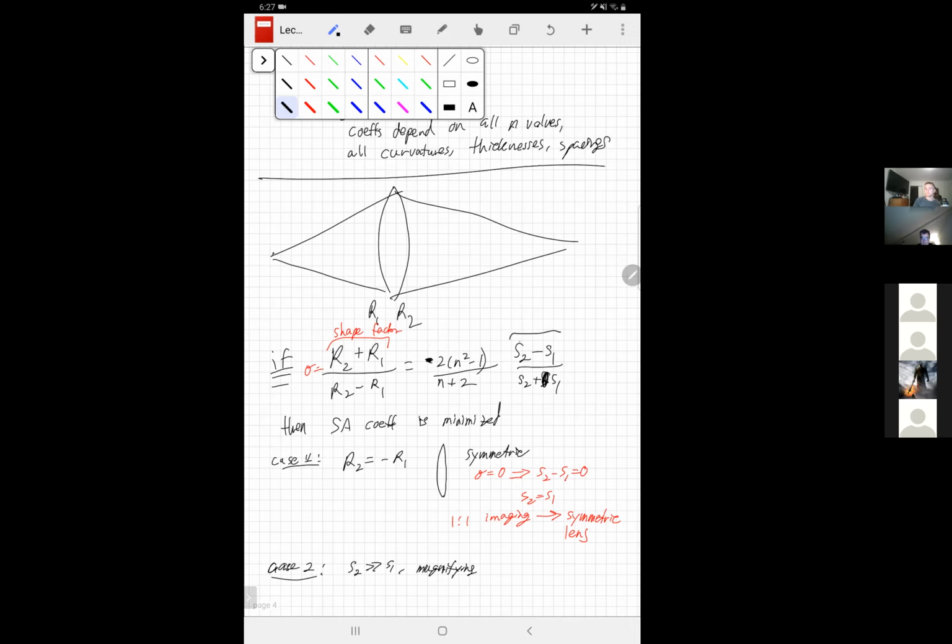S2 is bigger than S1, so this is positive. Assuming n is bigger than 1, which is true for normal materials, then this is positive, but that is negative. Okay, so sigma is negative.